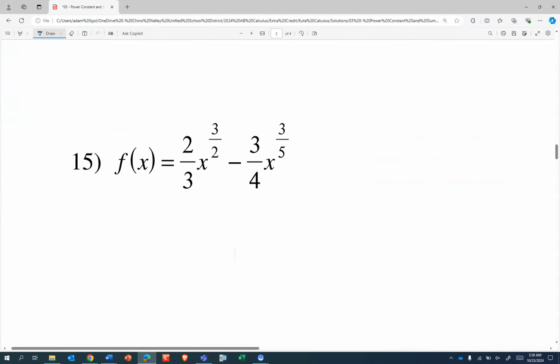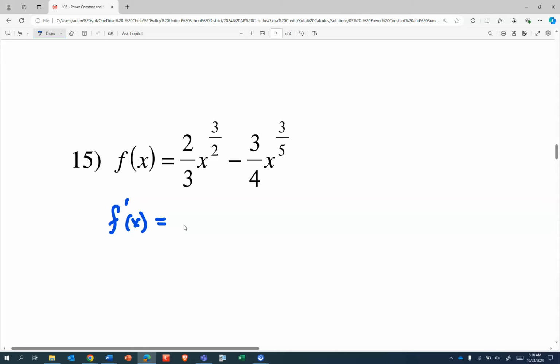Ooh, these are getting rough. So f prime of x is 2/3 times 3/2, coefficient of 1, and then x to the 1/2. So we'll write that as square root of x. And then, so minus 3/4 times 3/5 is 9 over 20.